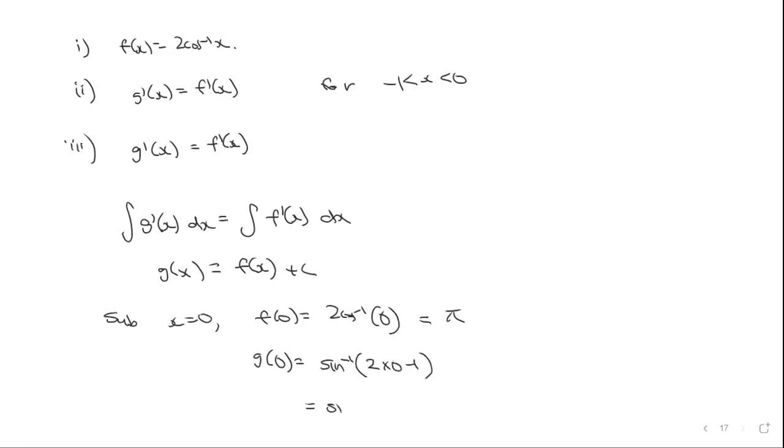So this is sine inverse of -1. And the sine inverse of -1 is going to be, well, 3 pi over 2. So having picked a number, g(0) must equal f(0), which is pi, plus c. So c must equal pi over 2.